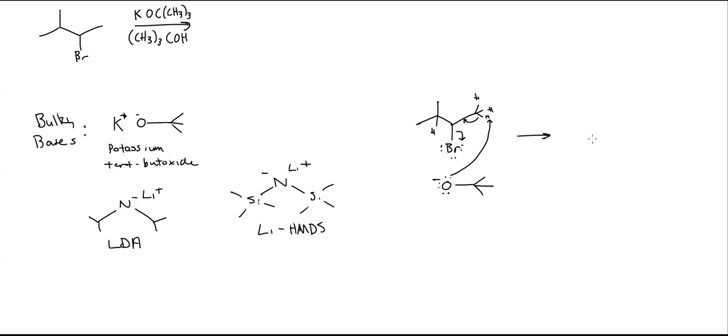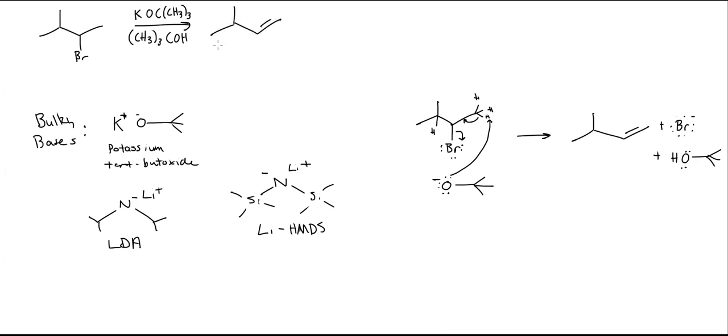So then that's going to give me this. And then I also get my bromide. And then I also get HO, I get tert-butanol, right? So I get these three things. But now you'll see that instead of forming what I formed earlier, instead of forming that Zaitsev product, I formed the Hofmann product this time.